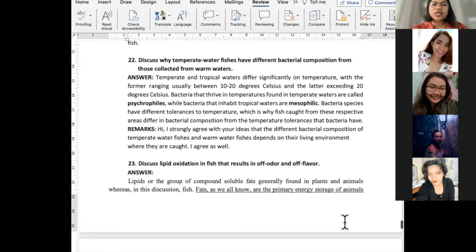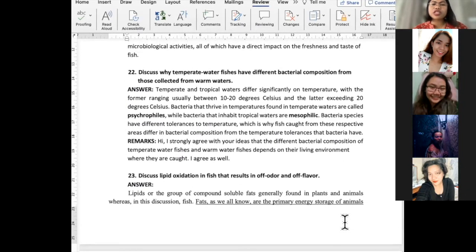Number 22, discuss why temperate water fishes have different bacterial composition from those collected from warm waters. Obviously, we have different types of microorganisms: the mesophilic, the psychrophiles, the thermophilic.